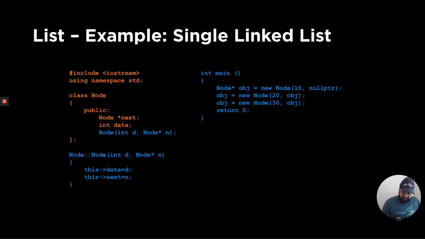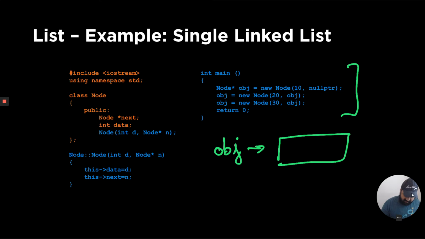So in this case, I have my int main, and I just created a new node in the first line. So basically, obj will now point to a new node that has value 10 and the value null in the first line, which is this line.